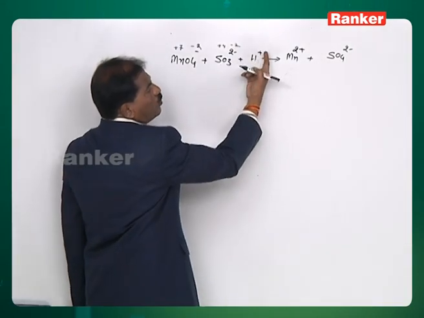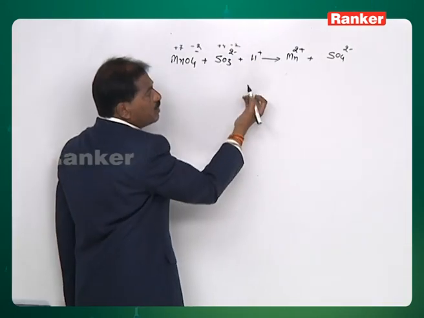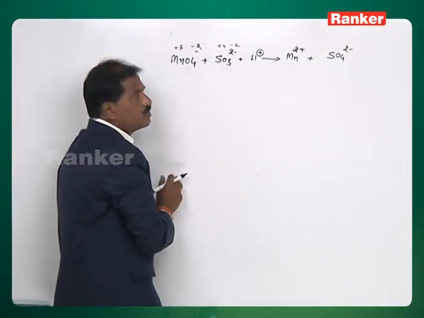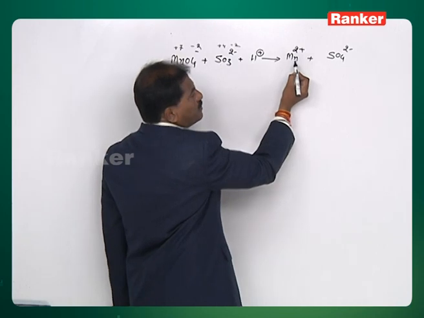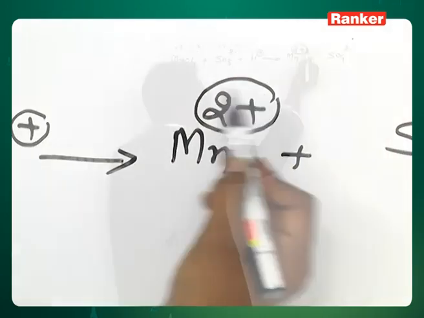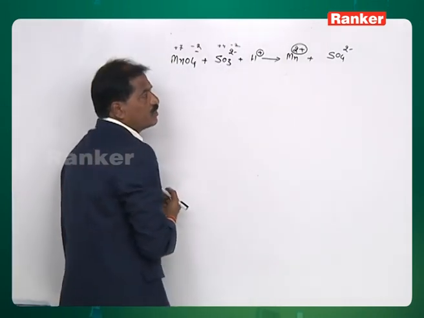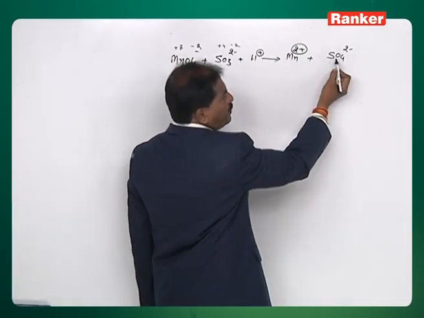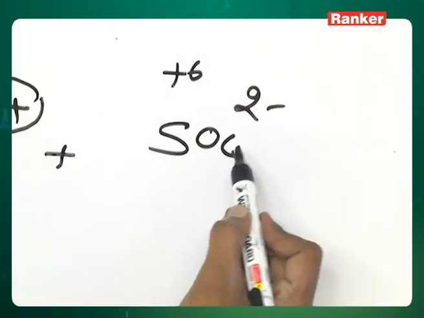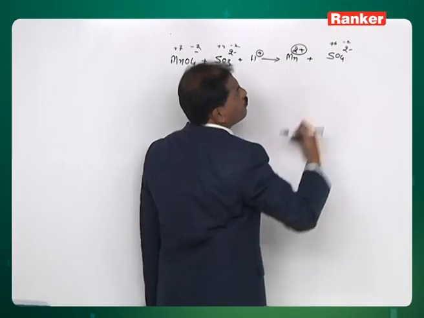H+ is a monoatomic ion, therefore the charge shown here itself becomes the oxidation state. Manganese, Mn2+, is also a monoatomic ion, so the charge shown itself becomes the oxidation state. Next, sulfate: the oxidation state of sulfur is +6, and of oxygen is -2.